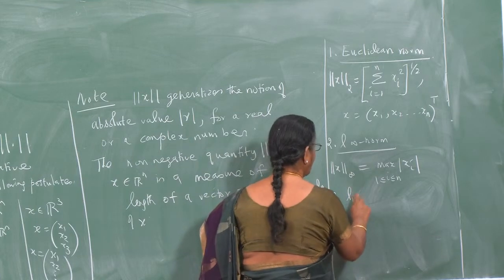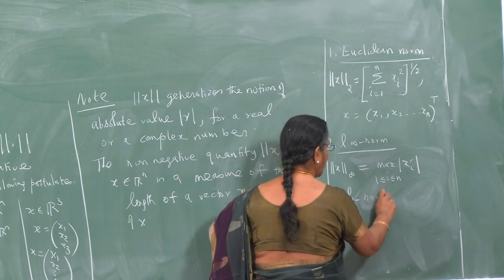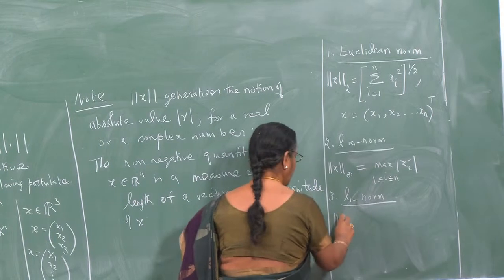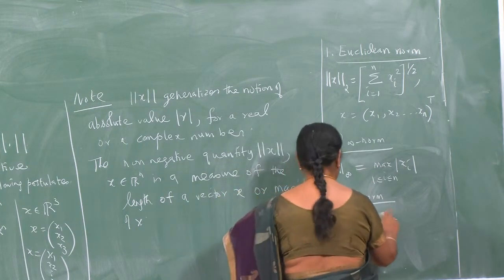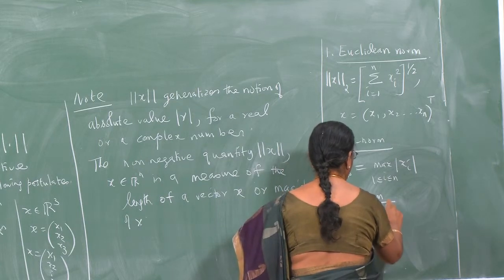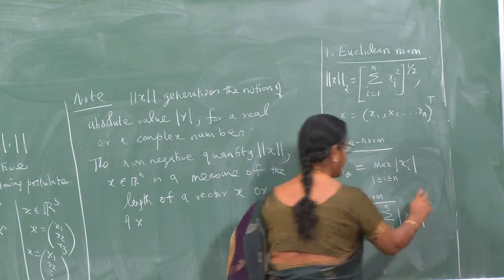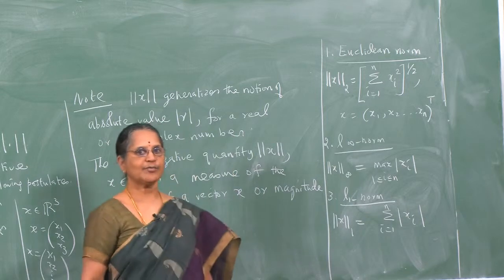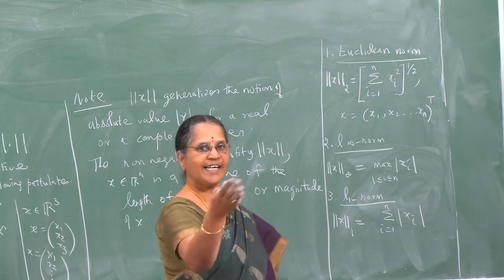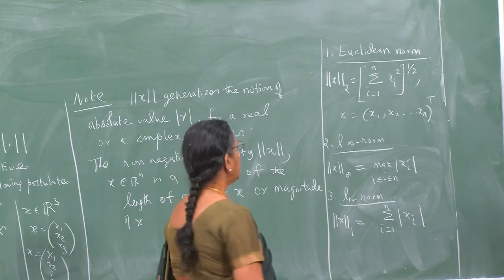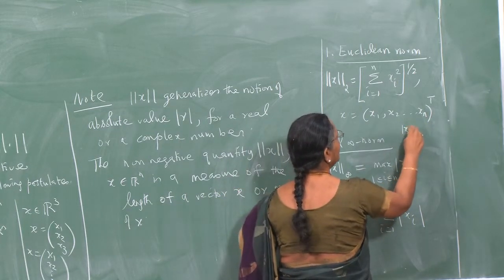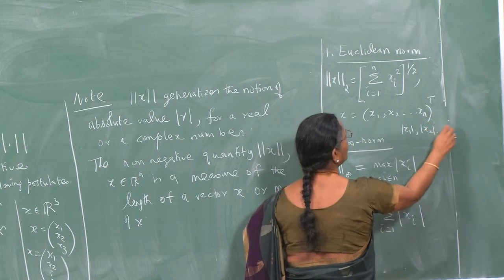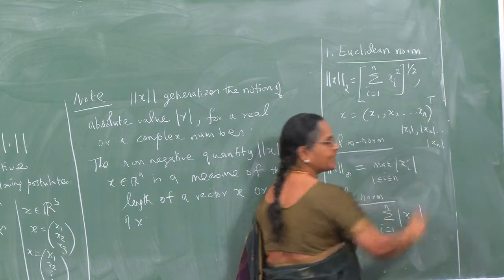Thirdly, I have what is called the L1 norm. I denote it by norm x1. And what is it? It is sigma i equals 1 to n of modulus of xi. So, in this case, given a vector x in Rn, I look at the components of that vector and consider the absolute value of each of these components.